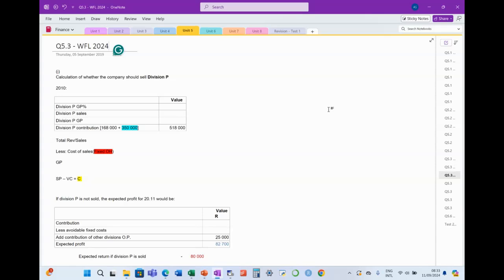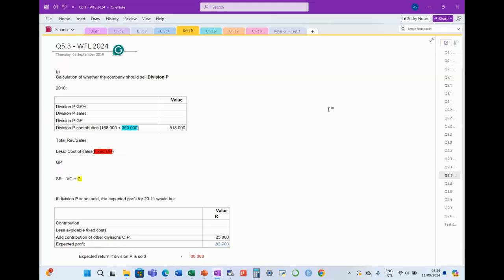Then it goes on. An offer has been received to purchase division P, which has been performing poorly over the past few years. The following information relates to division P. Gross profit percentage on sales is 40% of that earned by the group. So we're going to use the group's financials to figure out what's happening with division P. Total sales amounts to 12% of group sales.